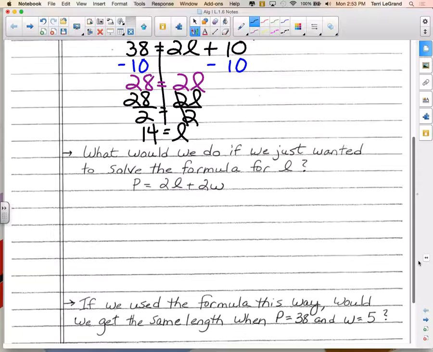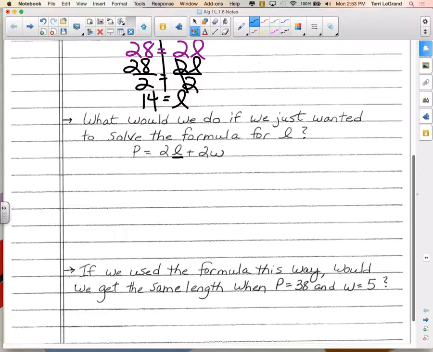So if we're solving for L, that means this little fellow is eventually going to be alone. So what should we do first? This is what you're going to do in your homework now. Is what we're doing here. What should we do first? Think about what we did first up above. We subtracted 10. Now here we're going to subtract 2W.